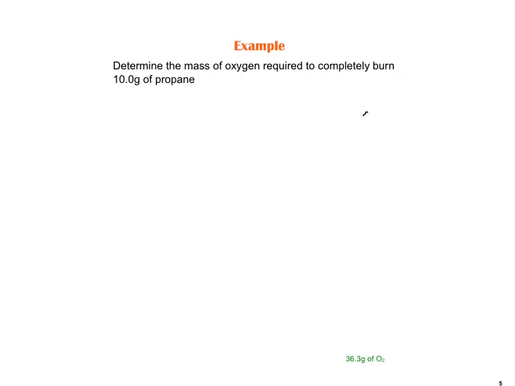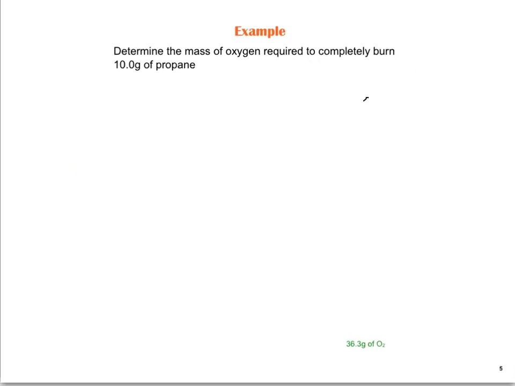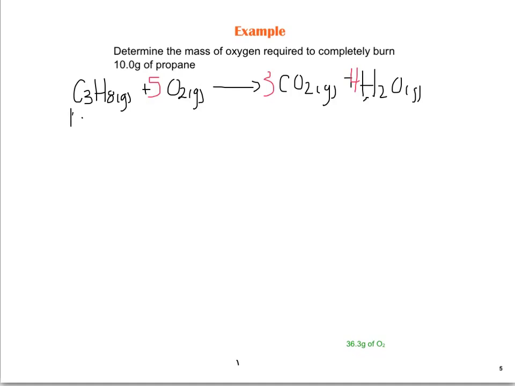Okay, so second example here. Determine the mass of oxygen required to completely burn 10 grams of propane. So I'm going to go through this one just a little bit quicker because my video seems to be getting a little long. So first things first, I need a balanced chemical equation. So propane is C3H8.